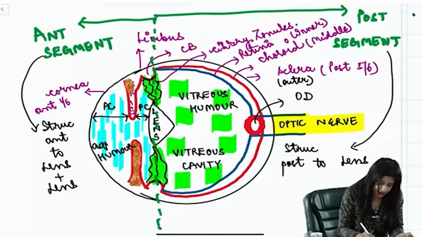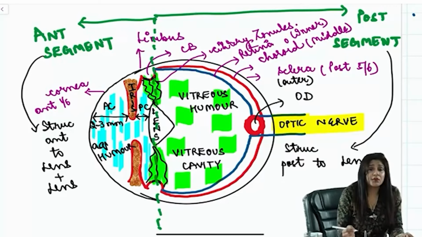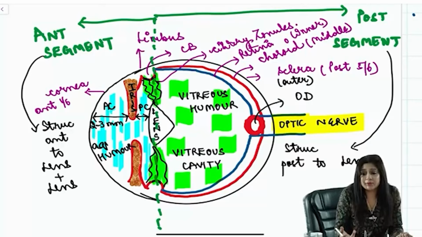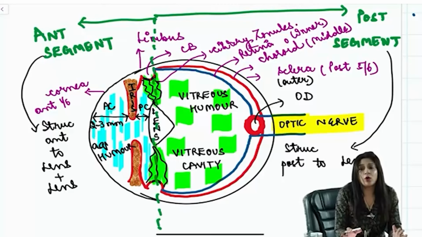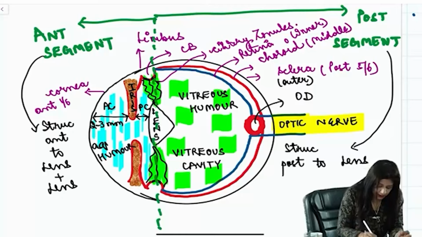This iris is the dividing line like this, and the depth of the anterior chamber is 2 to 3 mm. So we can call it 2.5 mm on average, or 2 to 3 mm. This is the depth of the anterior chamber.